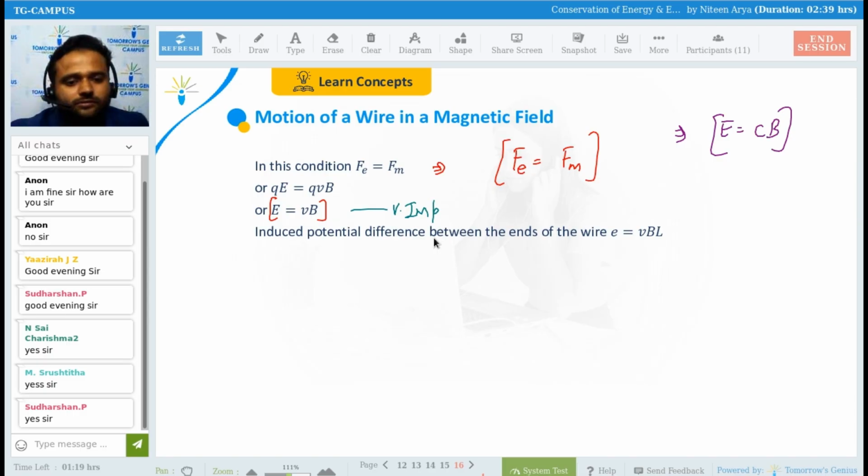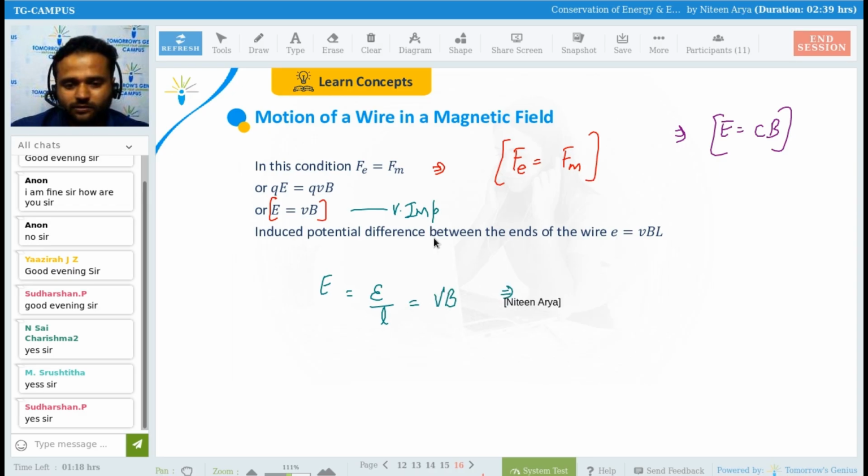Is this clear now? So this we're going to use. The induced potential difference between the ends of the wire equals E equals BLV, and that is known as motional EMF. Now coming back to this picture, if this is my E, which is electric field, I am going to write with this symbol, E, induced EMF by L. So that is VB.